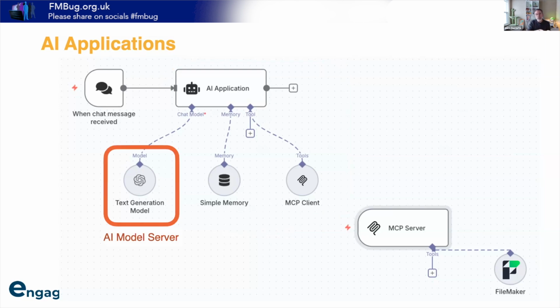Now, the AI model is not part of your AI application. The AI model runs on an AI model server. If you use the commercial providers, that's OpenAI, Cohere, Anthropic, Mistral, all of these things. But that's separate from your AI application. Your AI application knows how to interact with the model, but it is not deployed in the same place.